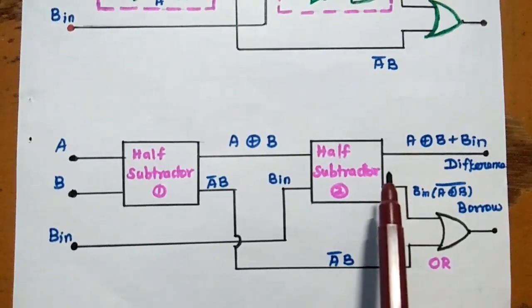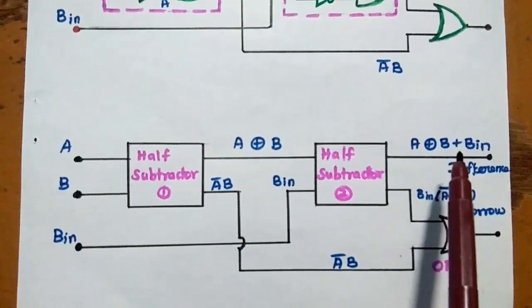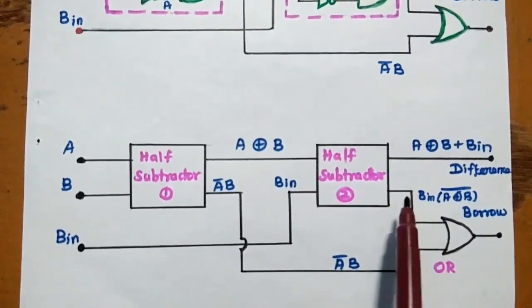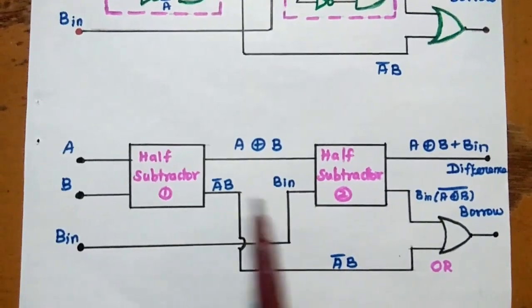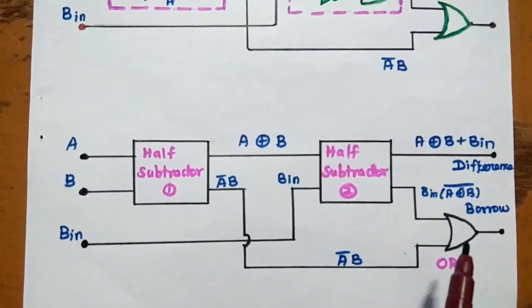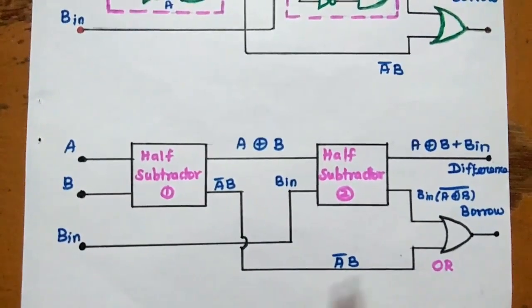The output of this half subtractor is A XOR B XOR B in, nothing but the difference. The product outputs of these two half subtractors are given as input to the OR gate. Then we can obtain the output borrow value.